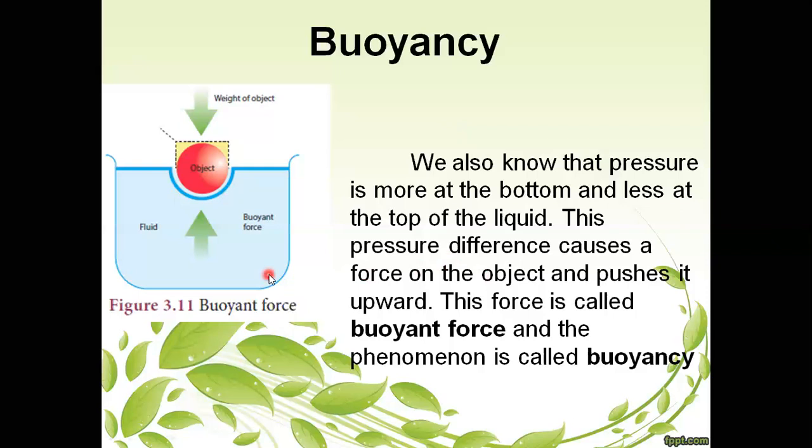We also know that the pressure on the bottom of an object is always larger than the pressure on the top. The difference in this pressure results in a net upward force on the object, which is defined as buoyancy.